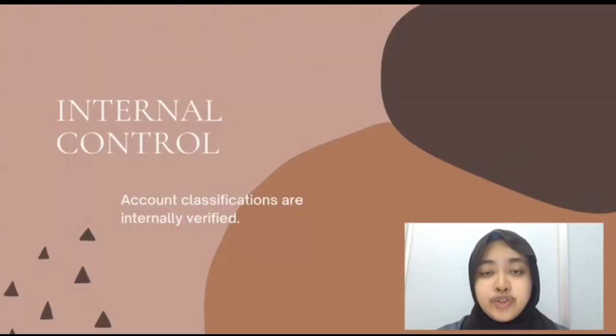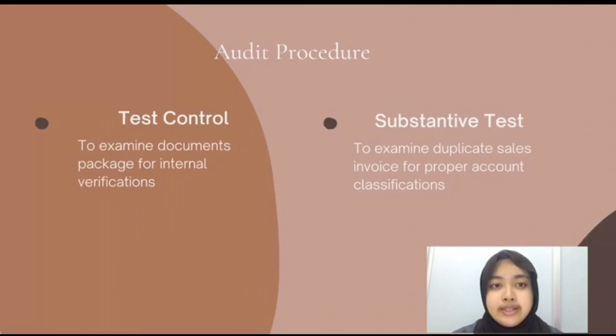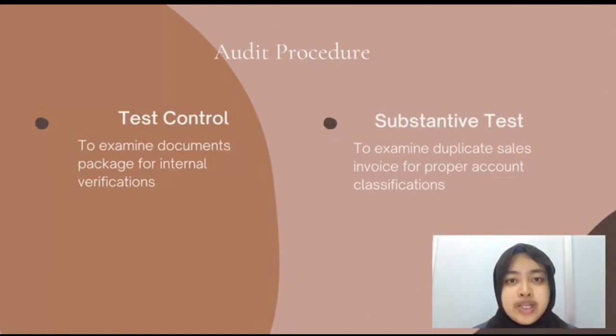For internal control, account classifications are internally verified. We have 2 audit procedures, which are test of control and substantive test. For test of control, it is to examine the documents package for internal verification, and for substantive test, it is to examine duplicate sales invoices for proper account classification.